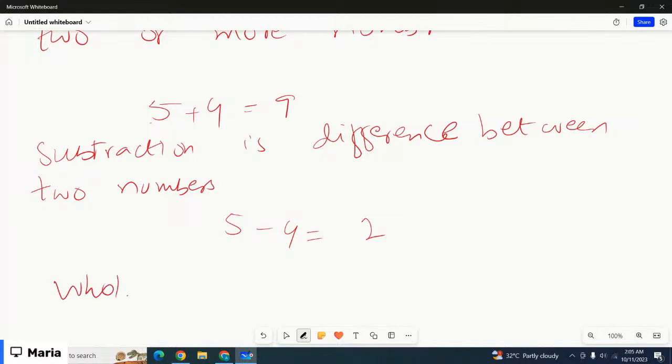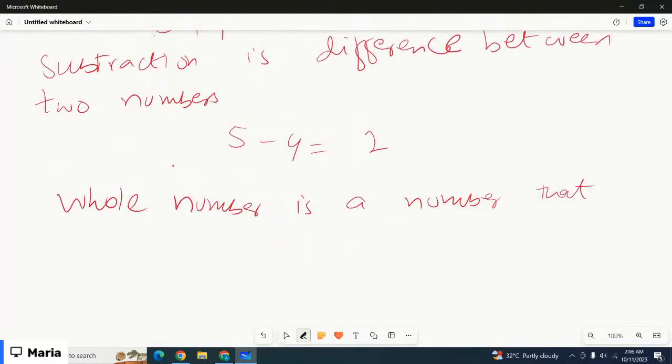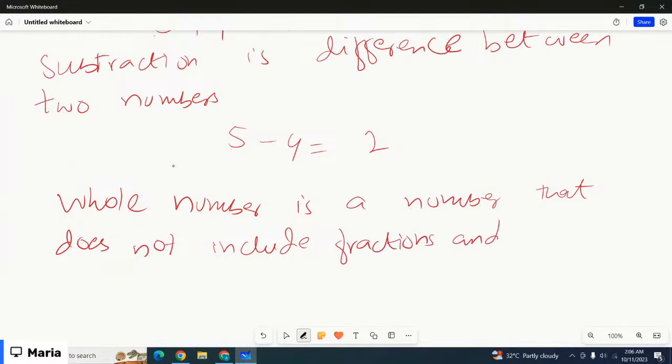A whole number is a number that does not include fractions or decimals, right? They are the complete numbers. They do not have any decimal portion or fractional parts. For example, 4 is a whole number. 8, 9, they all are without decimal points, so they are whole numbers.